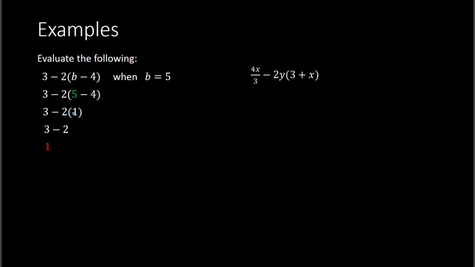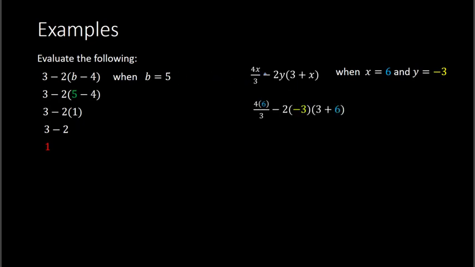Next, we have 4x over 3 minus 2y times parentheses 3 plus x. And you are to evaluate when x is 6 and y is negative 3. So here we have more than one variable, but we do the exact same thing, where in place of the x, I can put a 6, and in place of y, I put a negative 3.